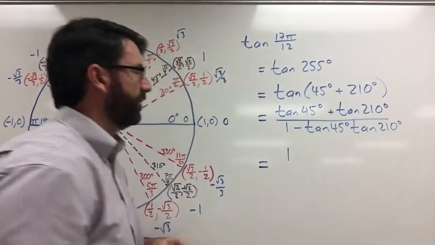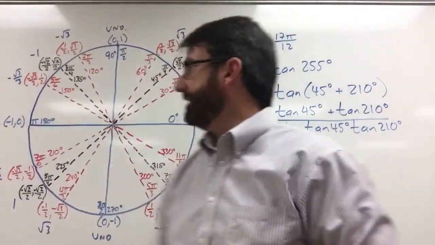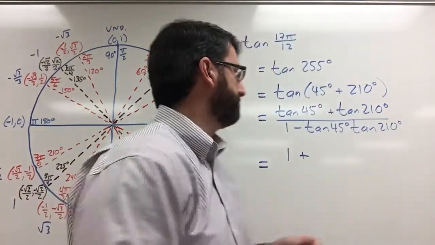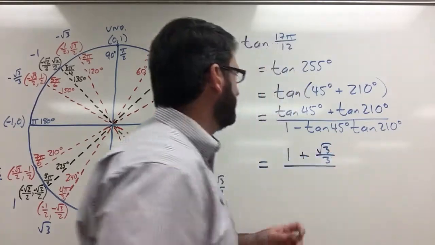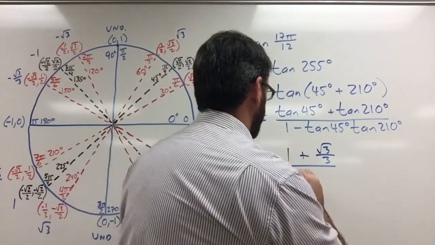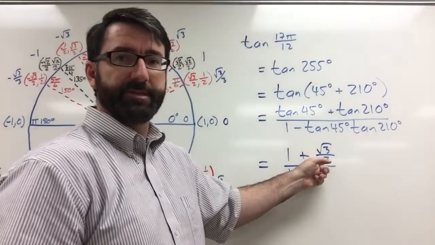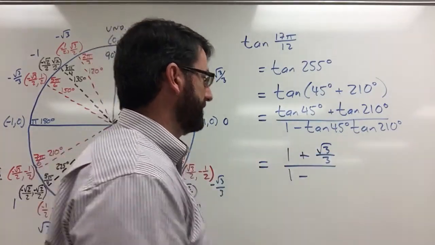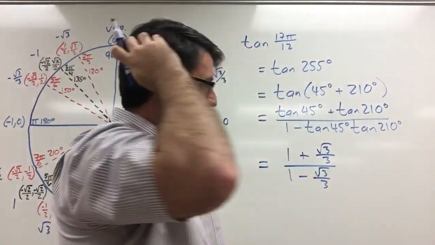So the tangent is 1 plus the tangent of 210 degrees is square root of 3 over 3, divided by 1 minus the tangent of 45 times the tangent of 210. So 1 times the square root of 3 over 3 is the square root of 3 over 3.